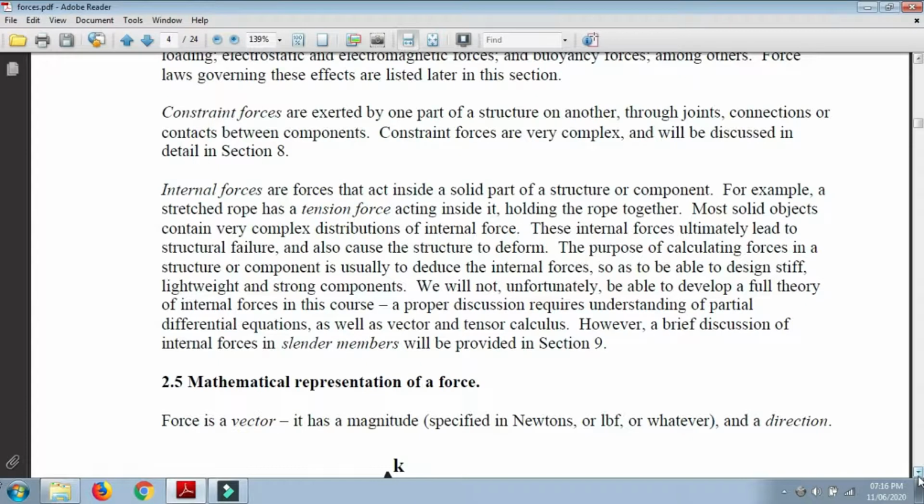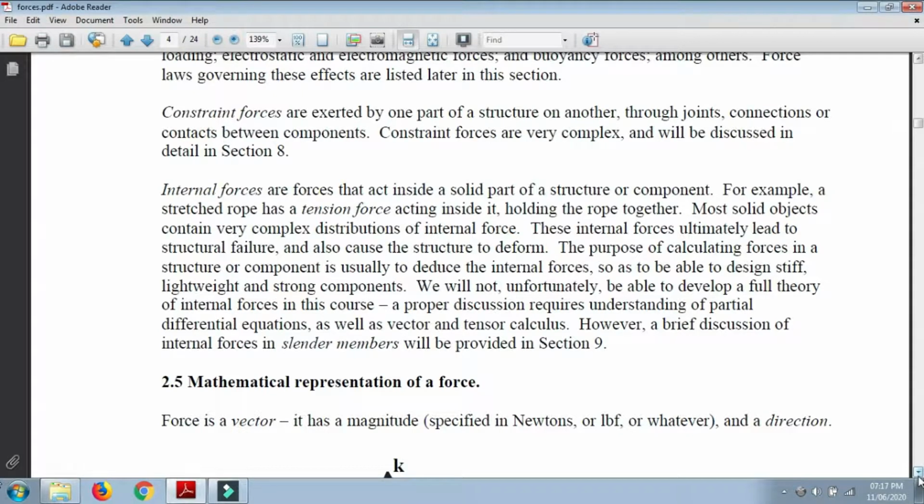So most solid objects contain a very complex distribution of internal forces. These internal forces ultimately lead to structural failure. When we say a structure fails, a bridge collapses, or a house collapses, or some sort of structure undergoes catastrophe, then there is some sort of accident.